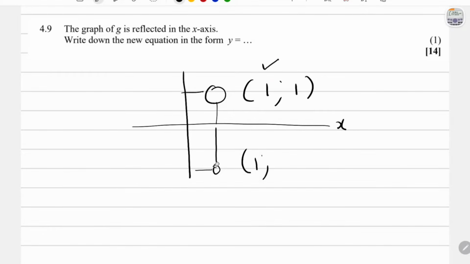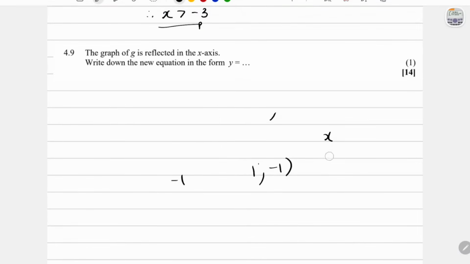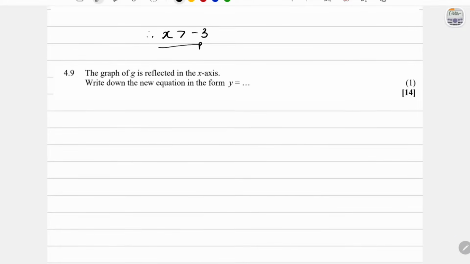Because it's reflected as a mirror image, it's going to go the same distance, so it's going to appear at -1, so 1 and -1. So if a graph is reflected in the x-axis, it causes the y values to change their signs. In other words, you really just multiply the y values by -1. So that's what we're going to do.